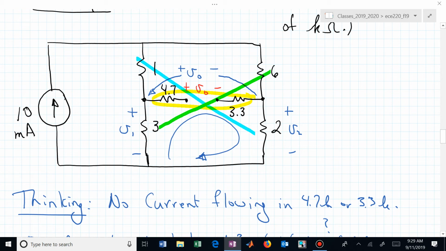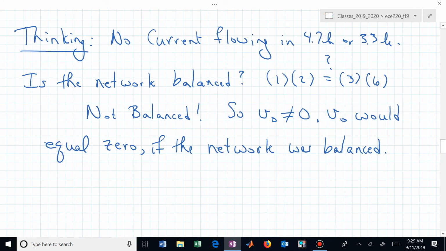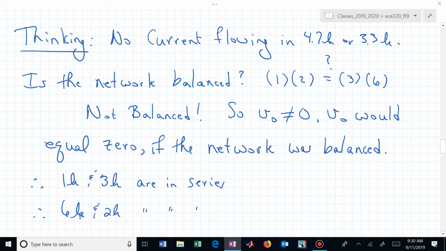That's our thought process. So now what we see is, therefore, the 1K and the 3K are in series. The 6K and 2K are in series.